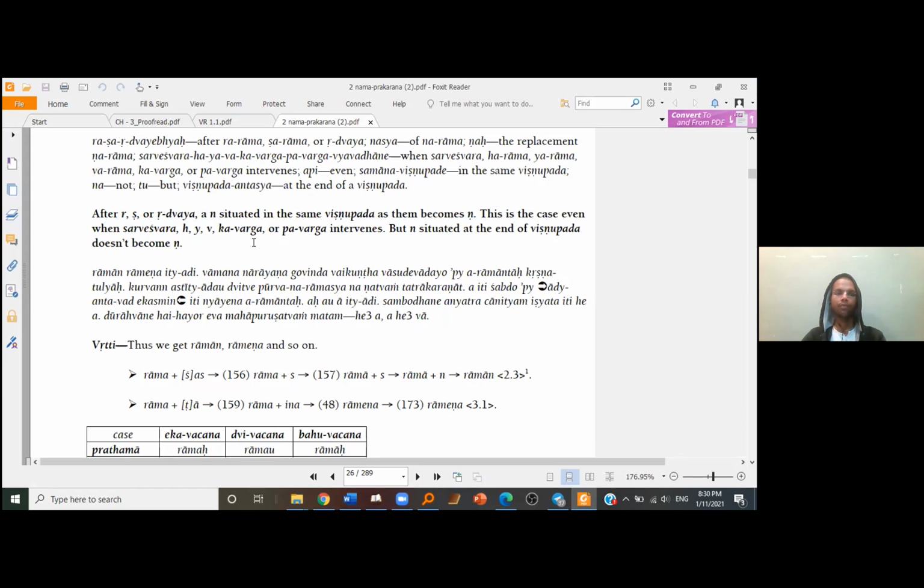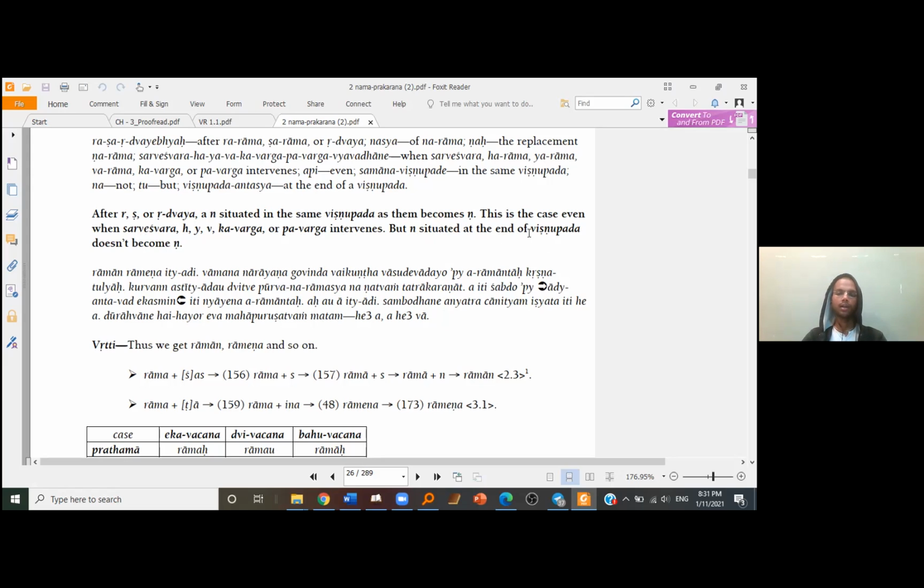This is the case even when Sarveshwara, any Sarveshwara, Harama, Yarama, Varama, or any letter from Kavarga or Pavarga intervenes between Purva Nimitta and the Karyasthan, the Karyi. But Na situated at the end of Vishnupada doesn't become Na.